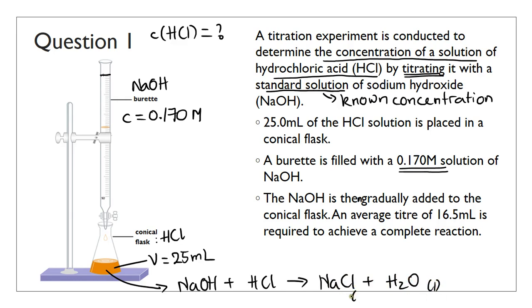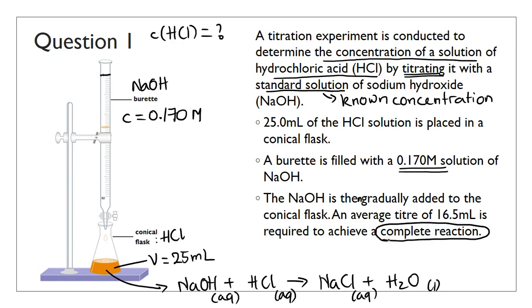As you add the base to the acid, or as they say, drop the base into the acid, there will be a neutralization reaction occurring in the conical flask, and the solution will gradually become neutral. Now the key thing is that you stop adding the sodium hydroxide at the point when you achieve what is called a complete reaction.